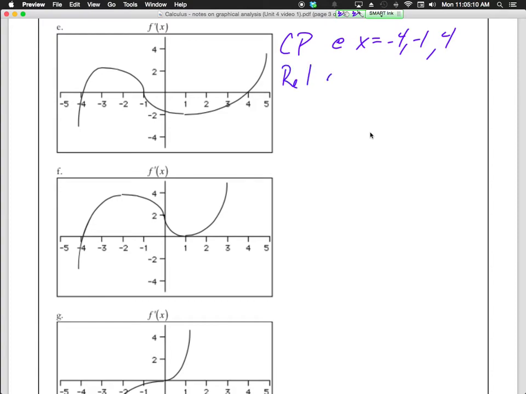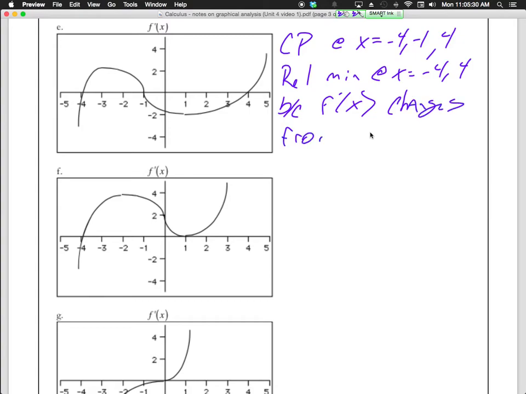So I have relative min at x equals -4 and 4, and what's my stamp justification? Because f prime of x changes from negative to positive.